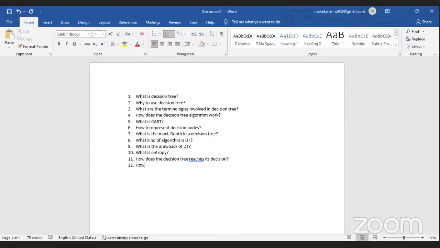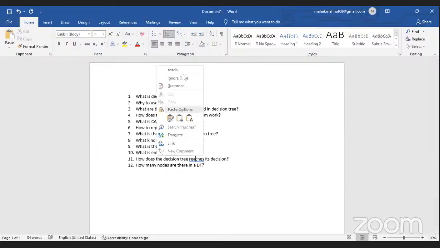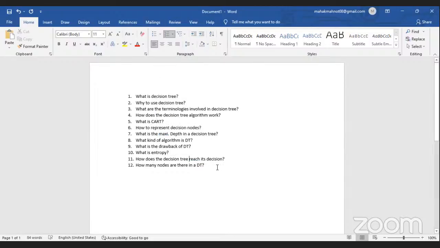Okay. So how many nodes are there in a decision tree? Actually, I have told you about all the nodes, but it's just 4.